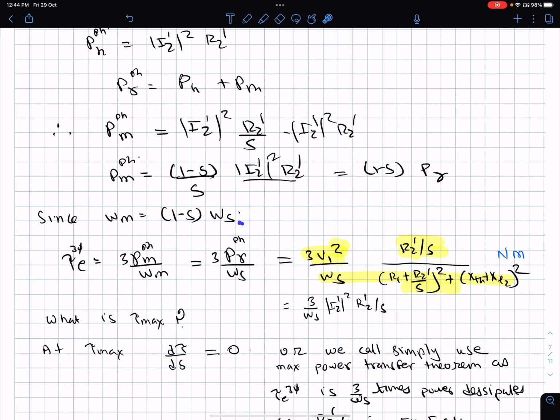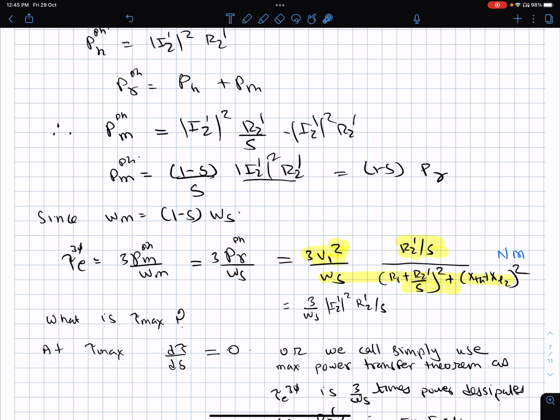So therefore if this is per phase basis, then 3 times of this is the net Pm to which it is responding at the speed omega m. So the 1 minus s factor cancelled out, and then you got this.